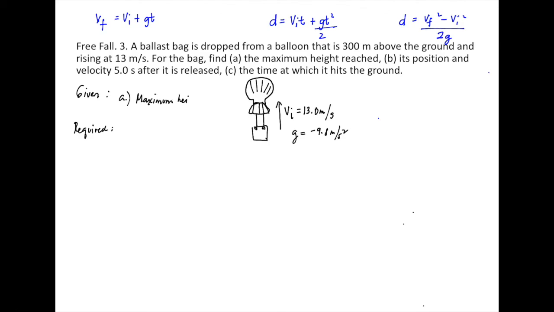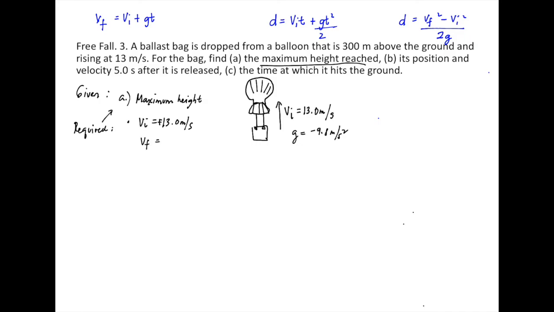So what is required here? For letter A, the maximum height reached. And then let's try to analyze what will be the best formula that we're going to use. We have the initial velocity, which is 13 meter per second, and that is positive simply because the balloon is going up. And then we also have g, which is negative 9.8 meter per second squared.